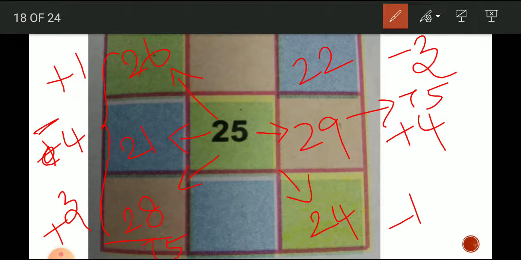Then if we add 26 and 22 we will get 48. Which number do we want to find at the end? 75. So 75 minus 48 is 27. Okay, so the answer is 27.